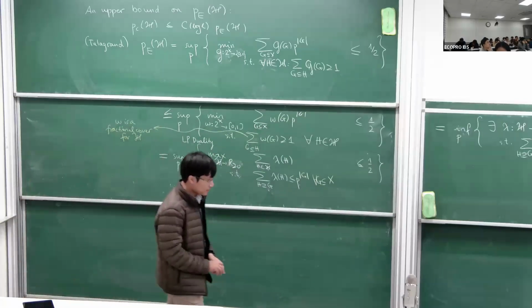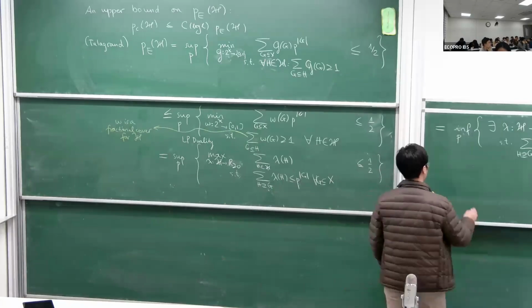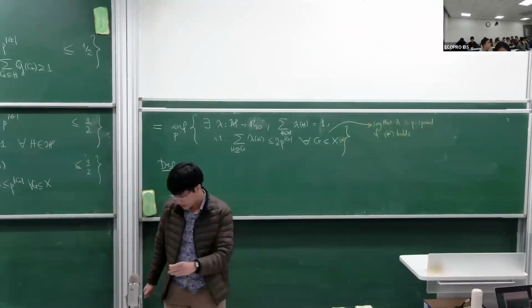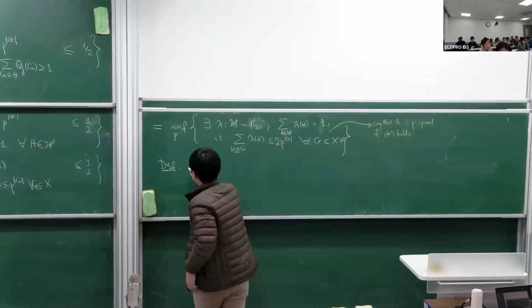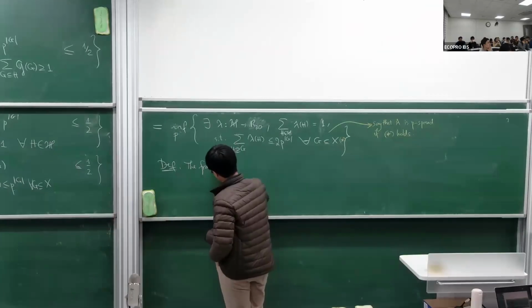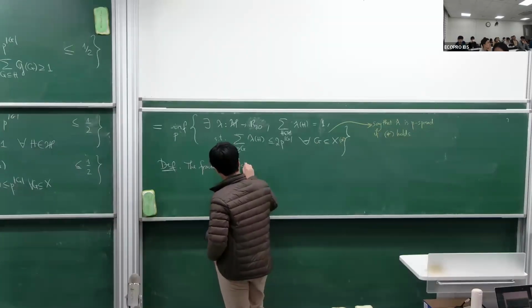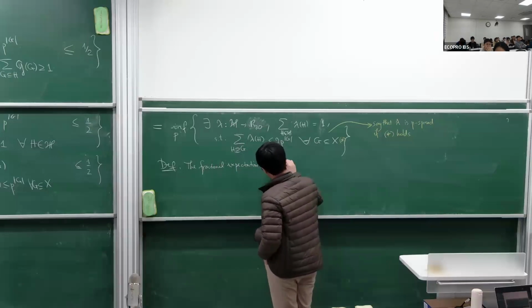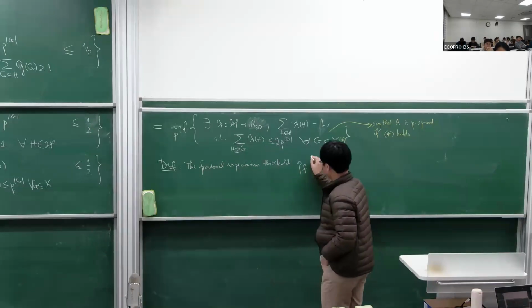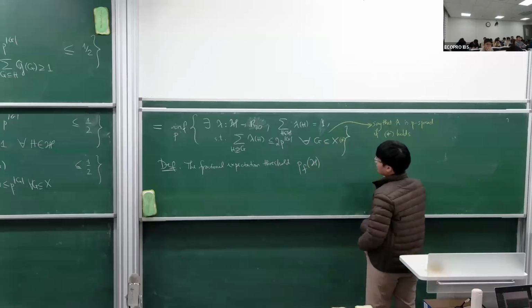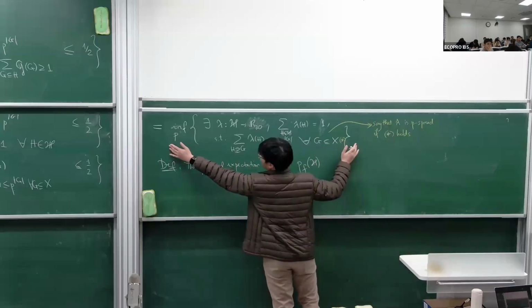Okay, so with that, let me define what people would call the fractional expectation threshold. The fractional expectation threshold will be exactly the output here.